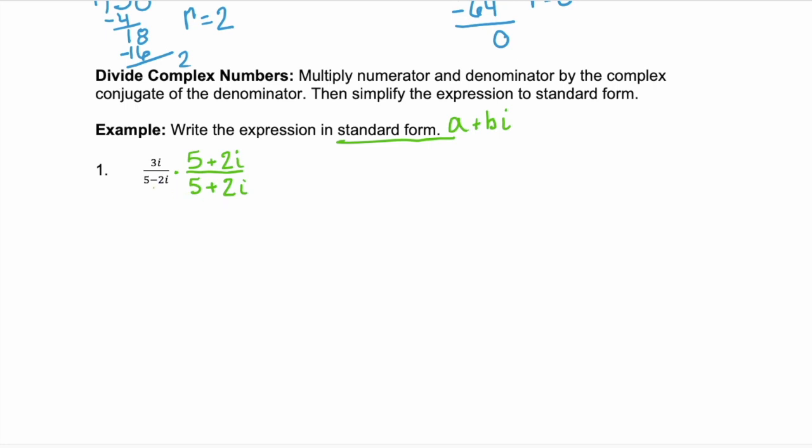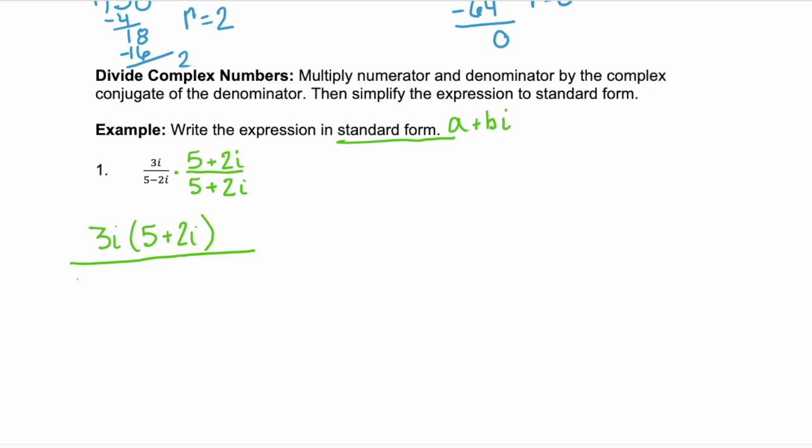Now remember, since we're multiplying 5 minus 2i times 5 plus 2i, this is really a factored version of the difference of squares. So it's going to cancel out that middle term. So let's do the multiplication. Here we would get a numerator of 3i times 5 plus 2i.